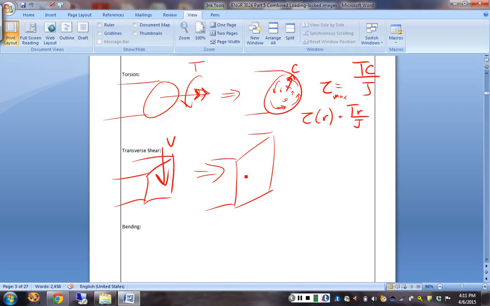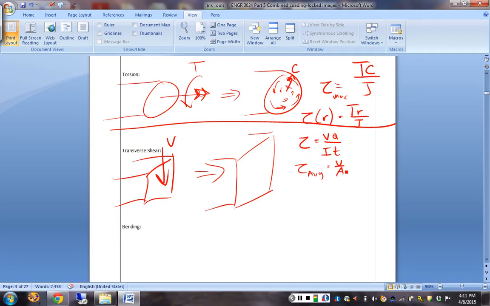How do I calculate that one? Can be V over A, but not always. The specific one for any general location is VQ over IT. If I want an average value, you can do V over A.